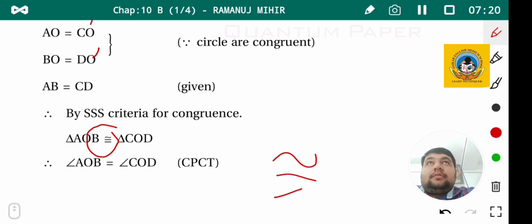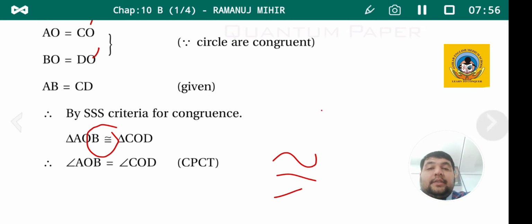And one more thing, we can also use another argument: equal sides have equal opposite angles. If AB and CD are equal in the triangle, we already have a theorem that the angles opposite to equal sides are also equal. That theorem can also be used here.